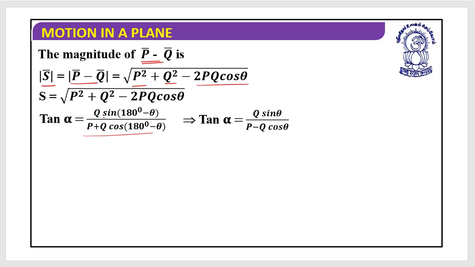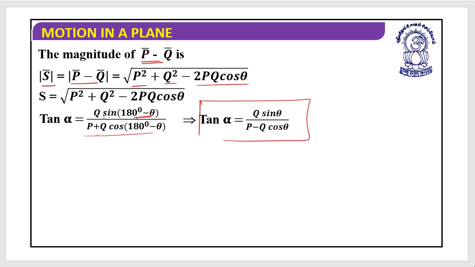Previously, in the methodology of addition of vectors, it was theta. Here it is 180 minus theta, and this is p plus q cos of 180 minus theta. So if I solve this, tan alpha equals q sine theta upon p minus q cos theta. I hope you understand this.